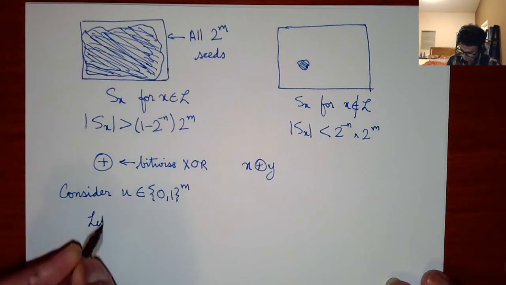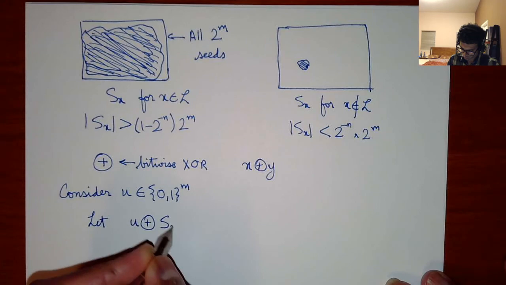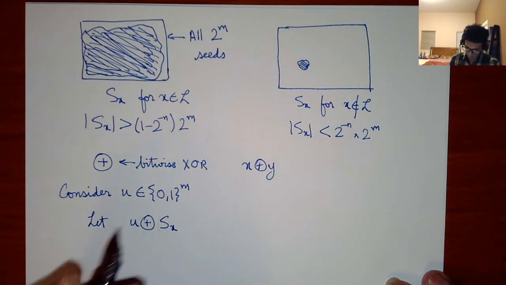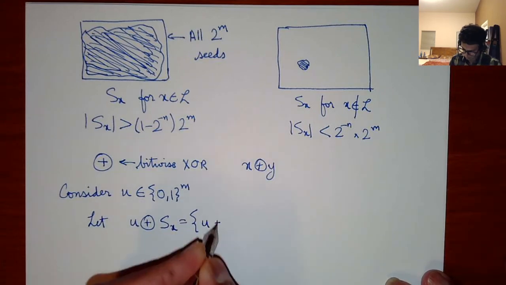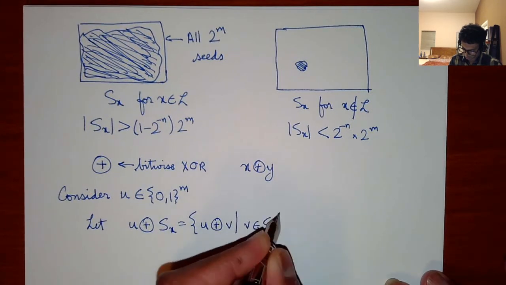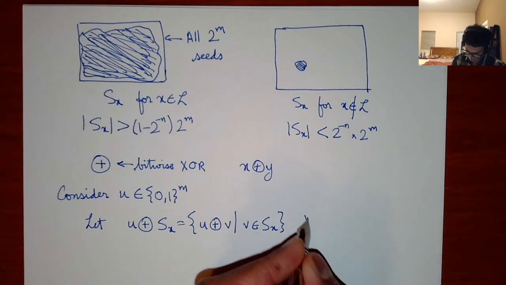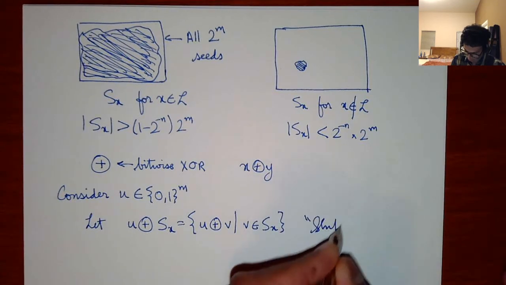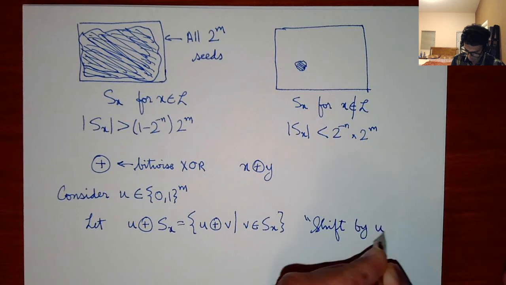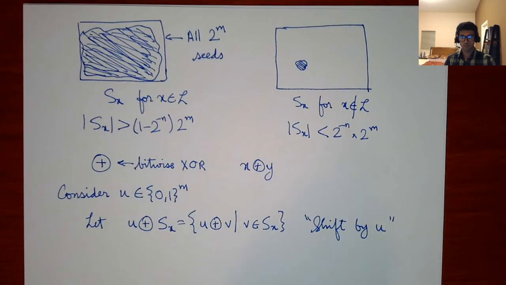And let u XOR S of x be the set u bitwise XOR v for v in S of x. And this is called the shift by u. So we're shifting S of x by u. Okay, this is another set of strings.